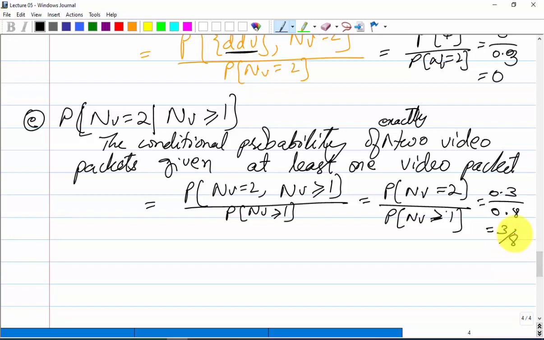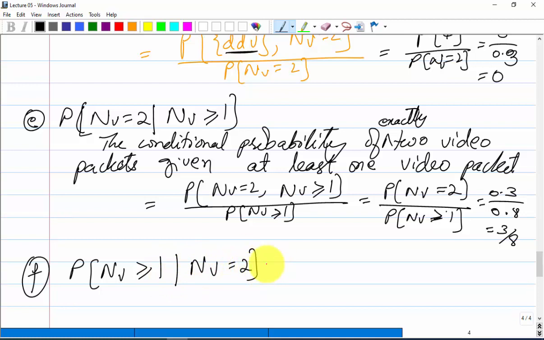The next part, and I think the last part, F, says the probability of NV greater than or equal to 1 given NV is equal to 2.